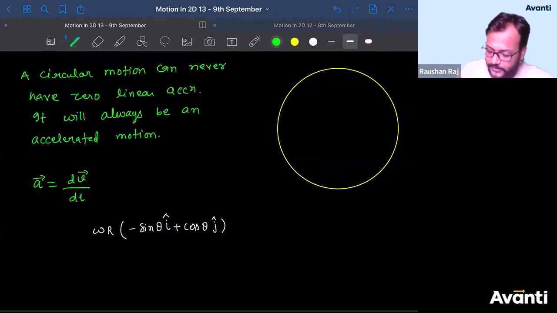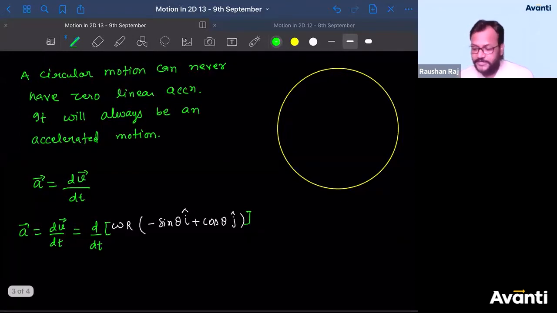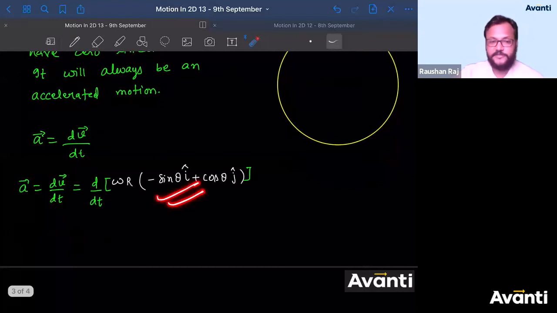So I'll write A will be equal to dv by dt. That is nothing but d by dt of this vector. I am just substituting the value of v here. So I have to differentiate this term with respect to t.